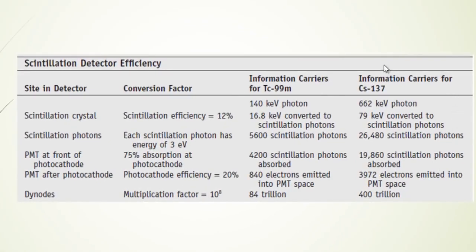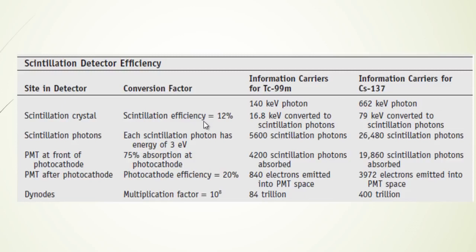Now let me just talk about the cesium-137 source. What we know about this source is that it emits a gamma ray photon of energy 662 kilo electron volts. And what we know about our scintillator is that usually scintillators have a very low efficiency, and sodium iodide, which we usually use, has an efficiency of 12%, and it is considered to be a highly efficient crystal.